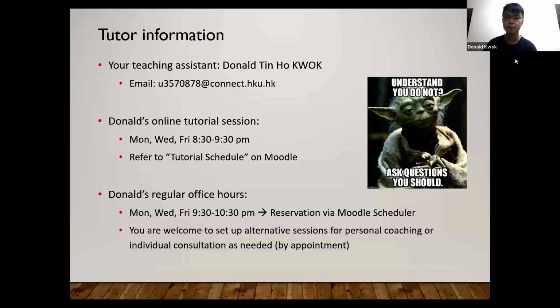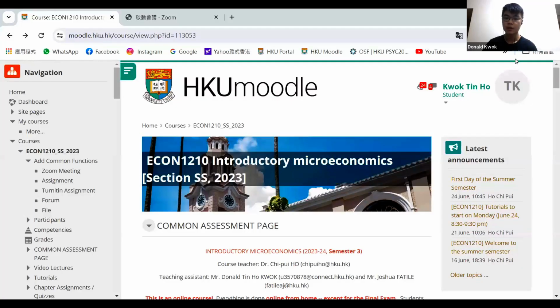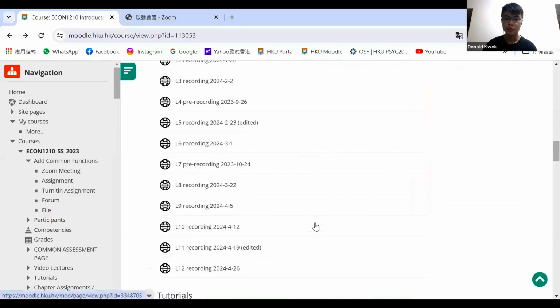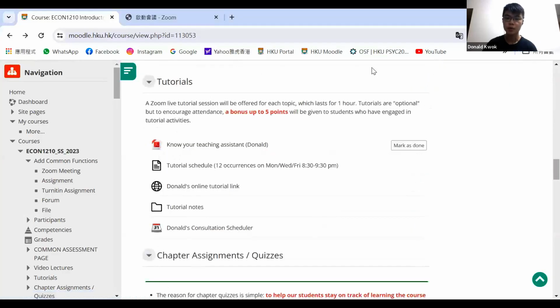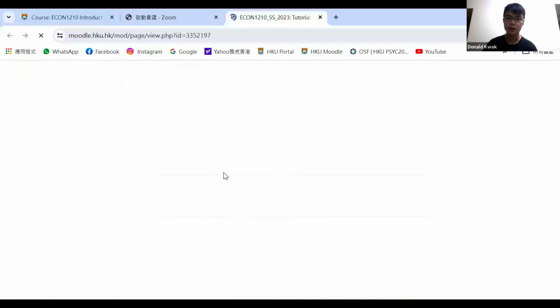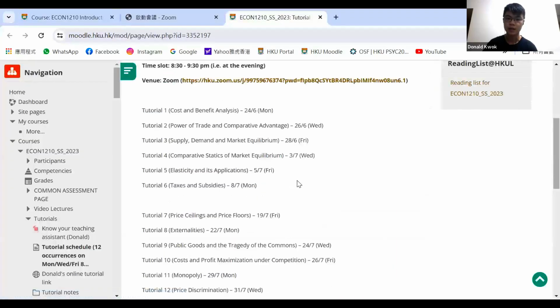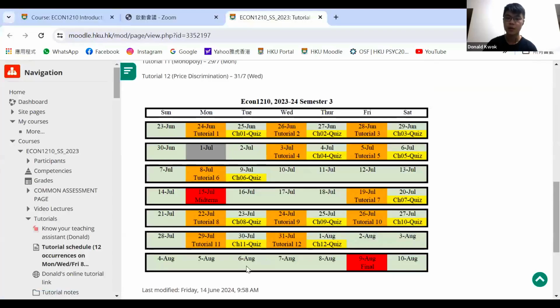Right, so this is the Moodle page. If you scroll down a bit, you should be able to find the tutorial section here. Just click this one, and you should be able to find the tutorial schedule, the dates and also the calendar view. We will have the tutorials on these orange dates.